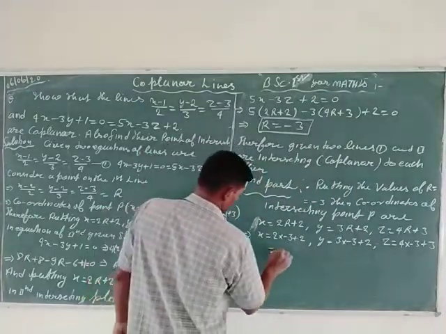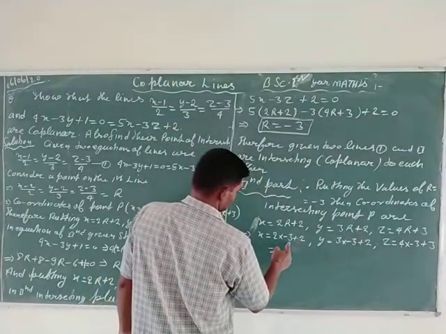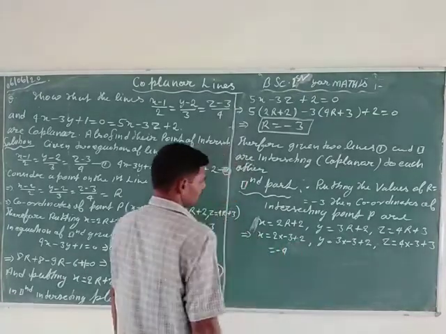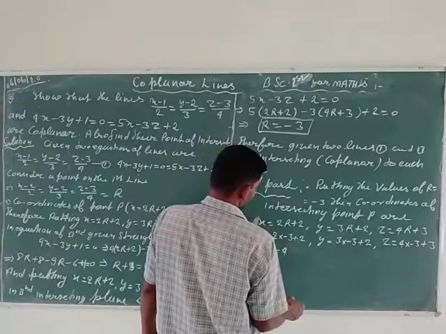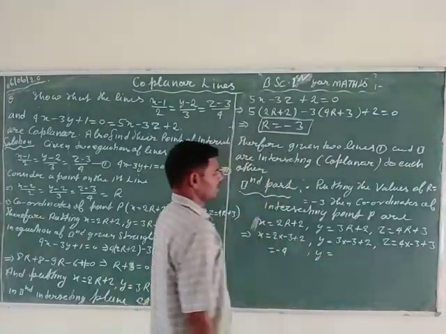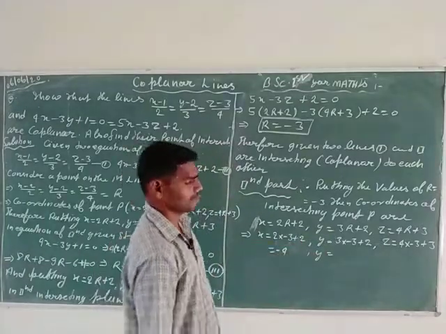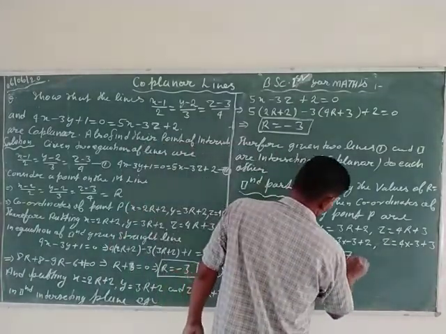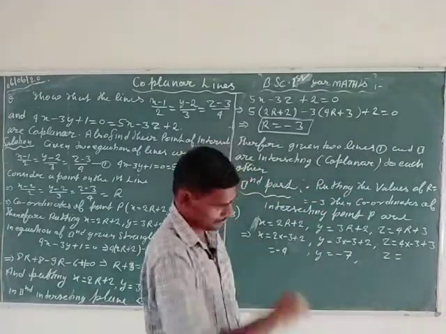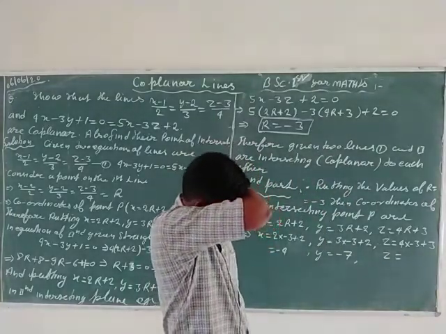After simplification, x is equal to minus 6 plus 2, which means minus 4, y is equal to minus 9 plus 2, which is minus 7, and z is equal to minus 12 plus 3, which means minus 9.